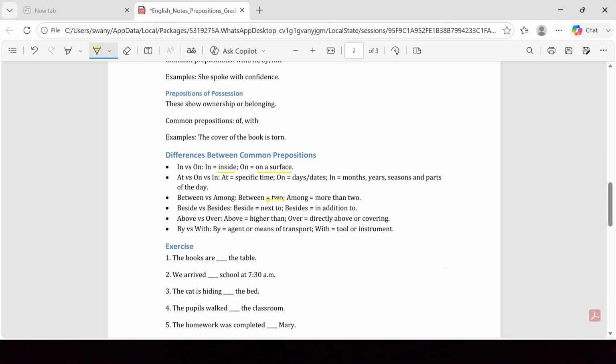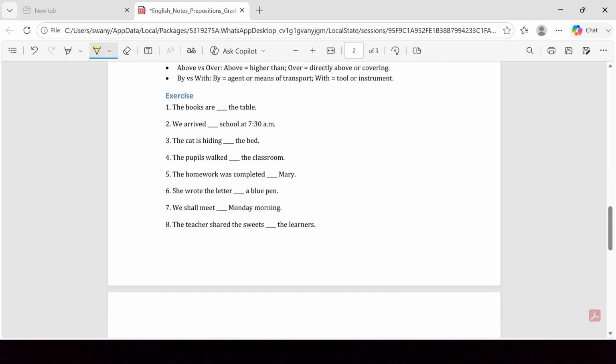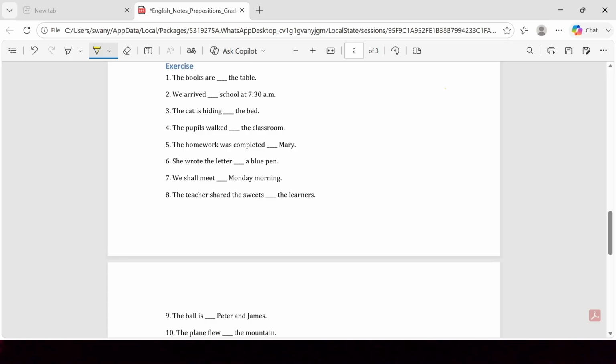We have an exercise. You can try to write down these questions and try to answer them to see whether you have understood more about prepositions. Let me try to answer the first four.